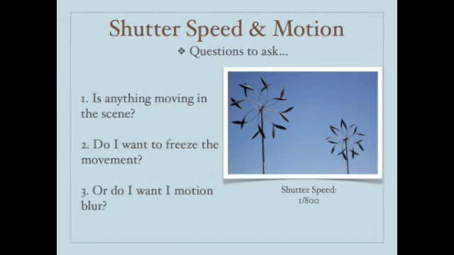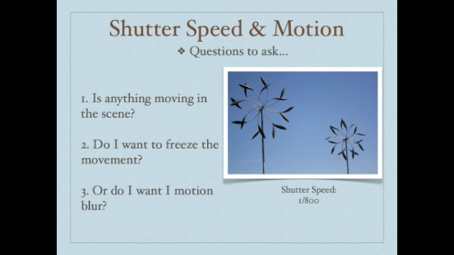Now, these are some of the questions that we want to ask ourselves when we're dealing with shutter speed and motion in our photography. The first thing we need to ask ourselves is: is anything moving in this scene? And then we need to ask ourselves, do I want to freeze the movement or do I want the motion to blur? Well, let me give you an example.